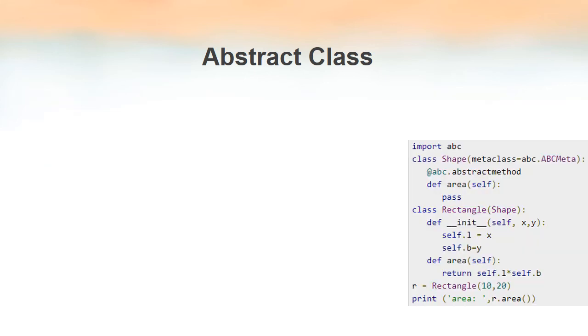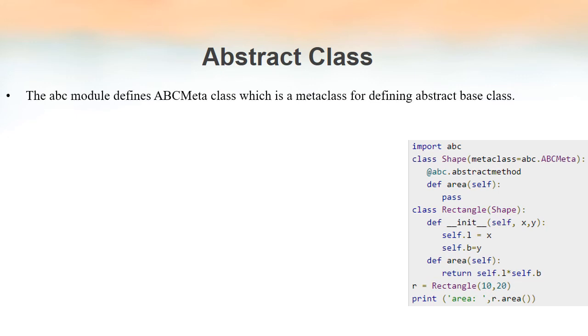Now we will see an example. The ABC module that I have mentioned earlier, that is used for creating abstract classes, defines an ABCMeta class, which is a metaclass for defining abstract base classes.